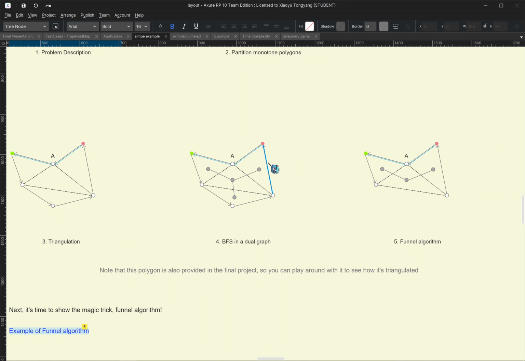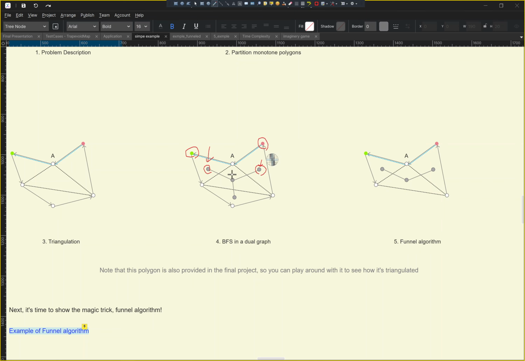At this point, we have a graph, so we can do a breadth-first search in this graph and get the shortest path from this vertex to this vertex. In other words, from the vertex including the start point to the vertex including the end point. After running the breadth-first search, we get three triangles, like this.